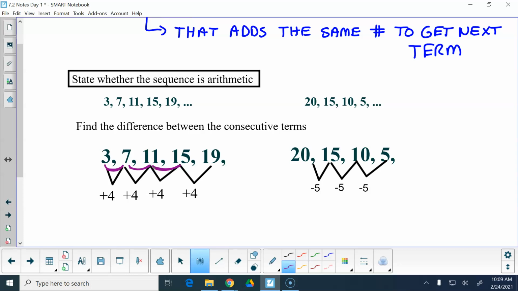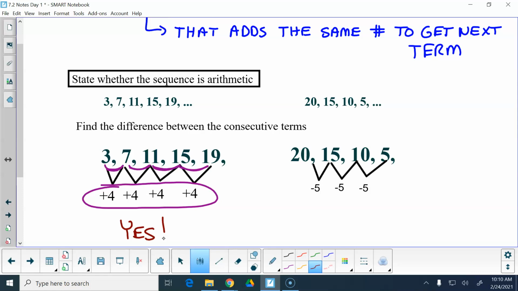Again, adding 4. And the next two. Again, adding 4. So since these are all the same, this sequence is arithmetic. And that common difference that we were talking about before is 4.